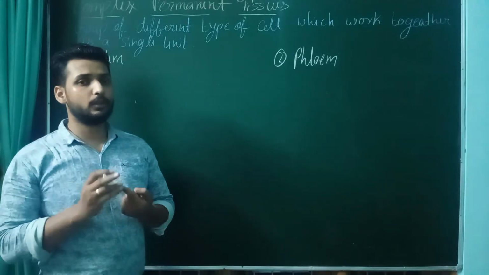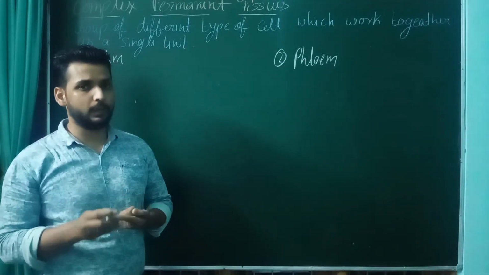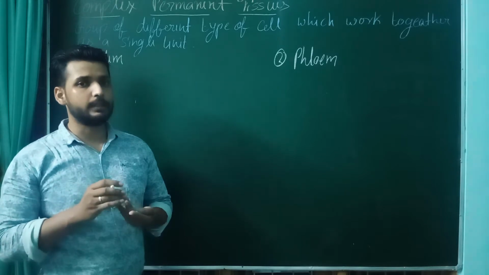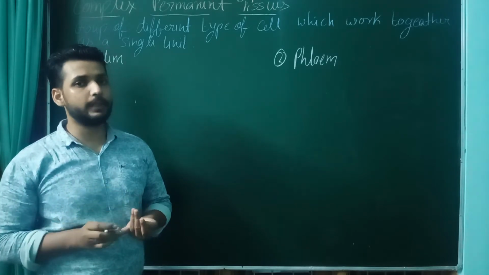Here xylem and phloem consist of different types of cells. Xylem has xylem fiber, xylem parenchyma, xylem tracheids and xylem vessels.